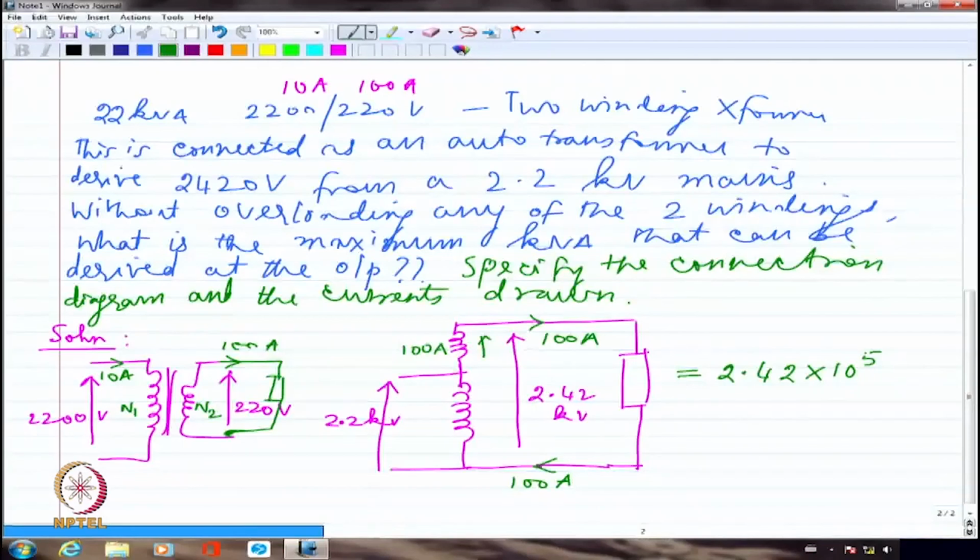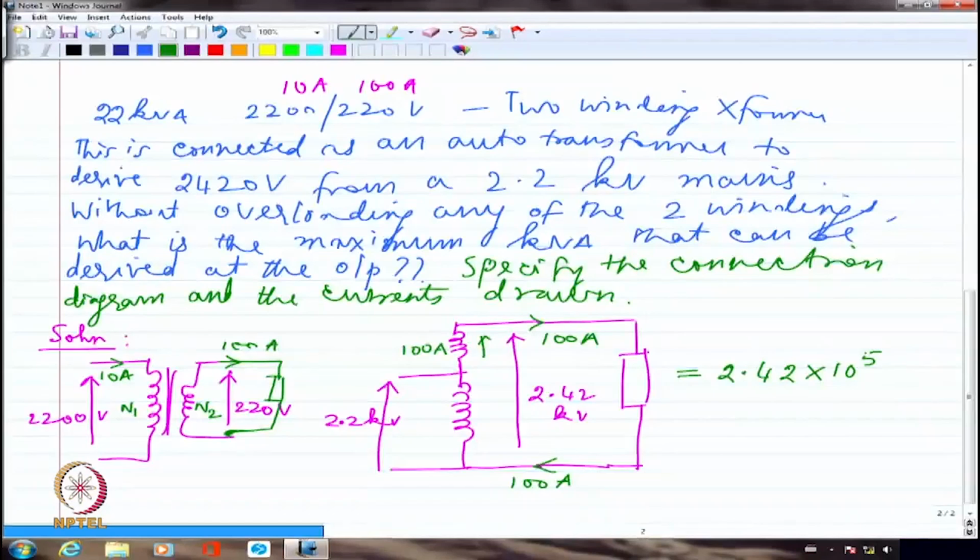The secondary is able to supply 100 amperes of current, the same current, but the voltage has become 11 times whatever the original voltage the transformer is meant to carry. Now, this is 100 ampere, but I don't want the primary to carry beyond 10 ampere. It cannot carry more than 10 ampere. So let us say this is carrying some 10 ampere here.